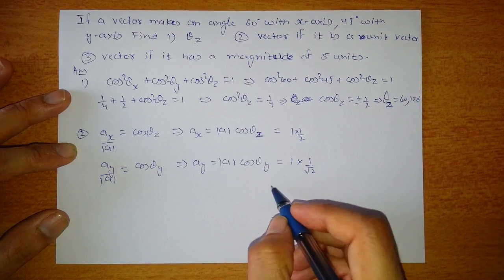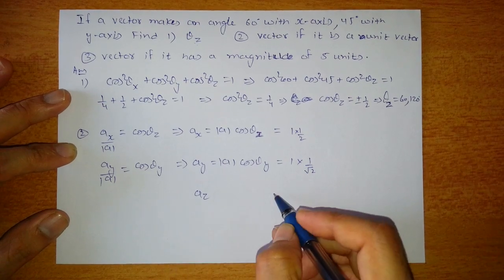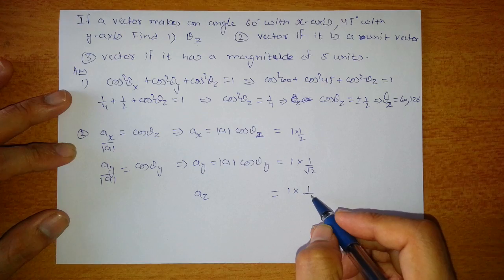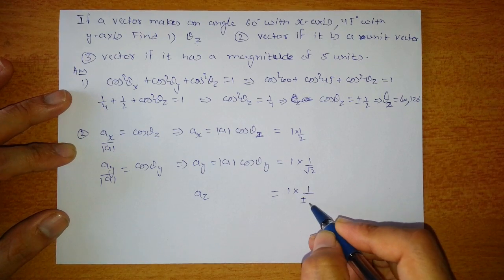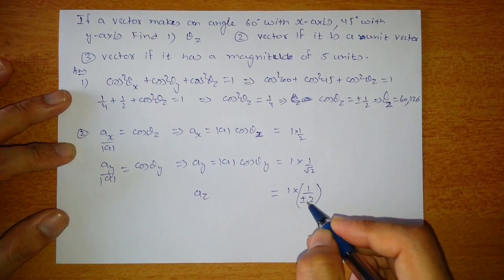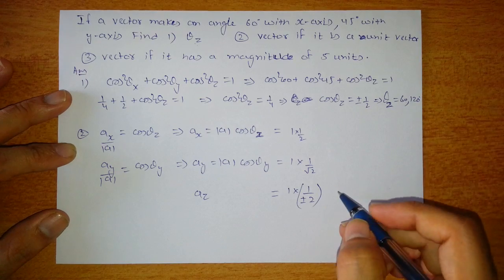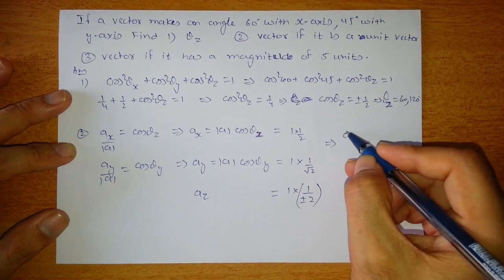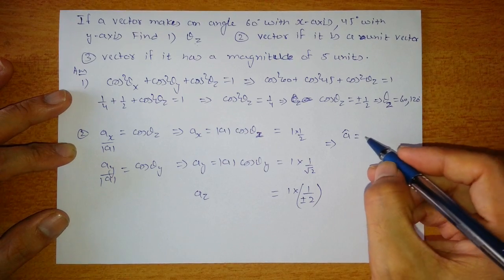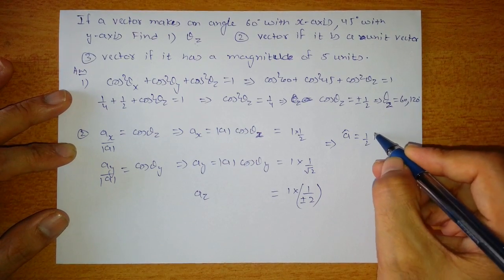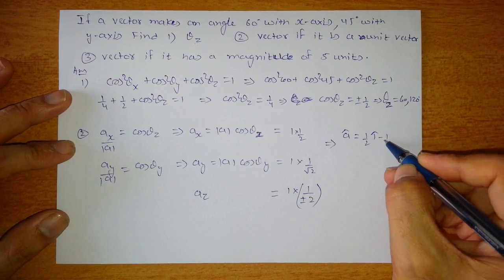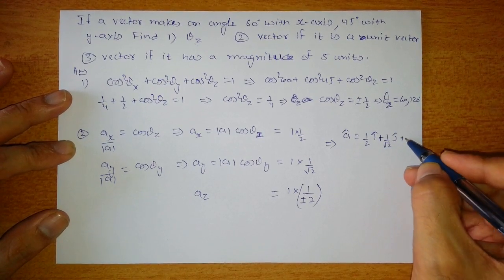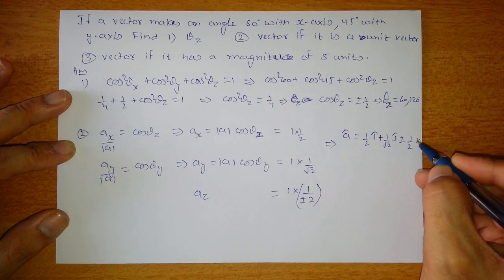Similarly, az will be 1 into plus or minus half, as we are getting two values of cos theta z. So the vector a cap will be half i plus 1 by root 2 j plus or minus 1 by 2 k.